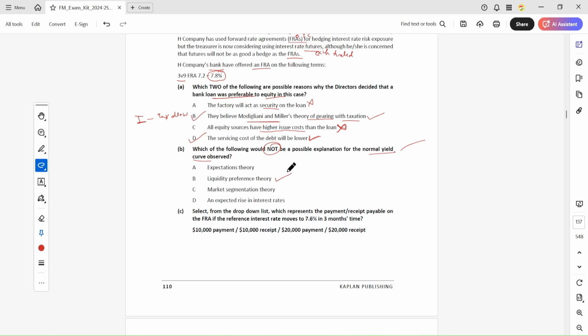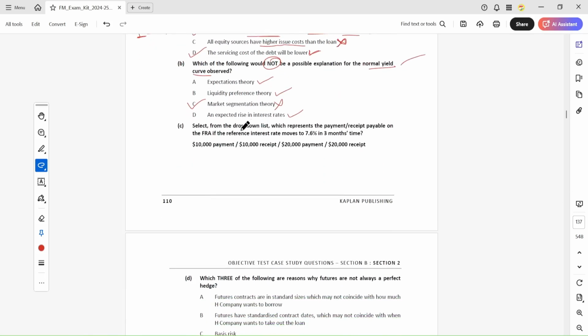Due to expectation theory, the normal yield curve takes this shape. If interest rates rise, they will try to reduce the interest rate. This is also right, and this one is incorrect. So this is not an explanation.